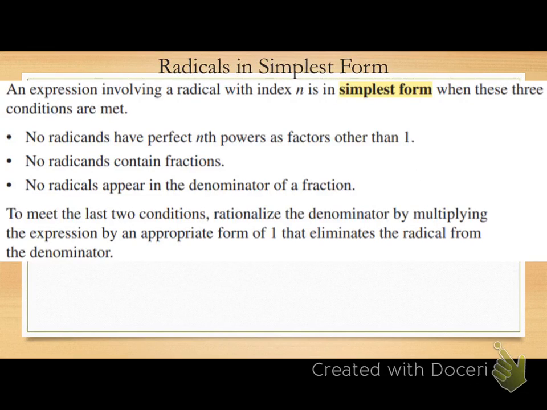To meet the last two conditions, rationalize the denominator by multiplying the expression by an appropriate form of 1 that eliminates the radical from the denominator. We did that when we divided radicals last week and the beginning of this week. If there was a square root in the denominator, we multiplied top and bottom by that same square root, correct?